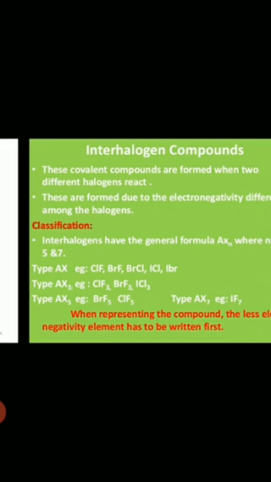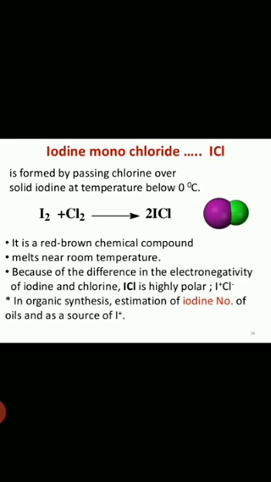Now let's take the first example here, iodine monochloride, ICl. It is formed by passing chlorine over solid iodine at a temperature below 0 degrees Celsius. So I2 plus Cl2 gives 2ICl. Here you can see that the molecule ICl is represented by two circles, where I is larger in size and Cl is smaller in size.